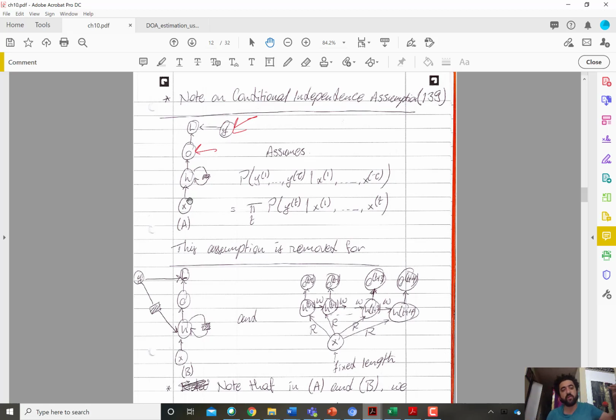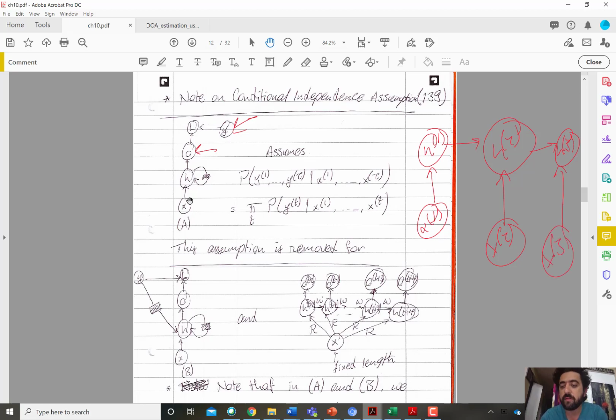So from x of 1, h of 1. And then from h of 1 and x of 2, right? So you have x of 1, you compute from it h of 1. And then from h of 1 and x of 2, you compute h of 2. And then from h of 2 and x of 3, you compute h of 3. And then you compute O of 3, right?